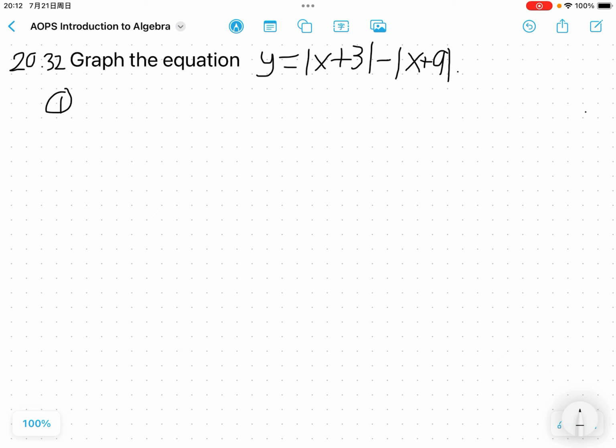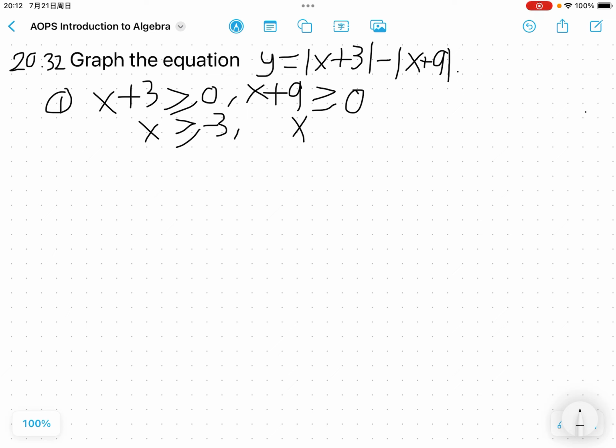Case 1 is where both x plus 3 and x plus 9 are larger than or equal to 0. So x is larger or equal to negative 3 and x is larger or equal to negative 9. Having x larger or equal to negative 3 is an inequality with a smaller set of numbers, so this is our inequality for case 1.